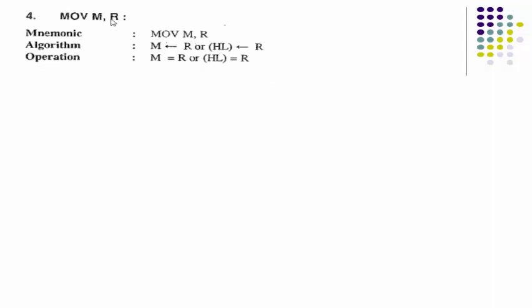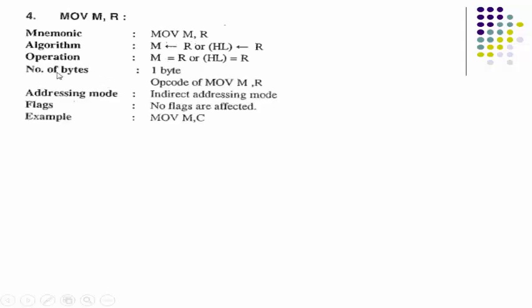After the execution, the source content, that is the R register contents, equals the memory location content; the data in the R register and the data in the memory are the same.